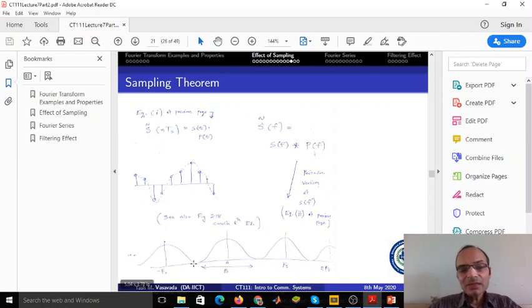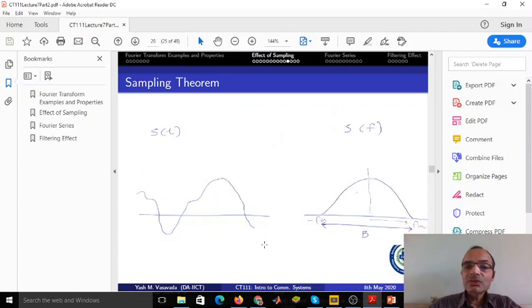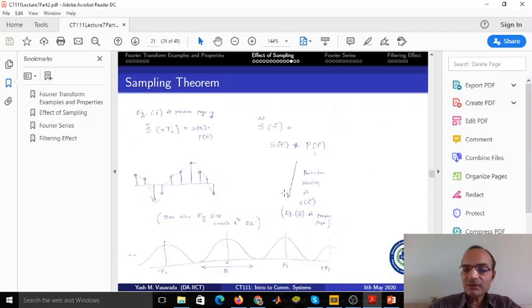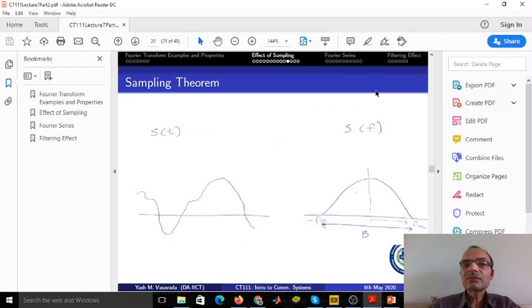Because of that, after that multiplication, all of these other replicas of this periodic S tilde of f will get wiped out. They will get zeroed out because that rectangular pulse is 0 there. And remember, I am doing multiplication in frequency domain. And so from this S tilde of f, I will recover S of f, which is this aperiodic signal with a single hump centered at 0 hertz. But that is the same as my S of t in the time domain.